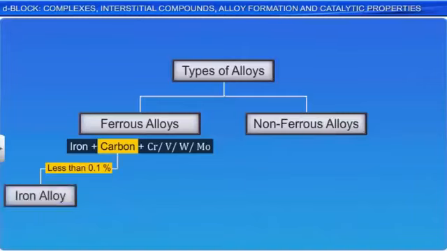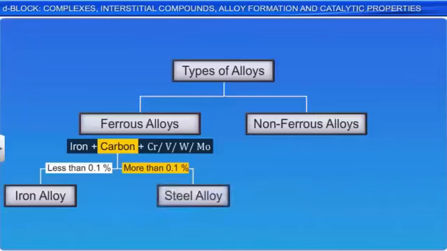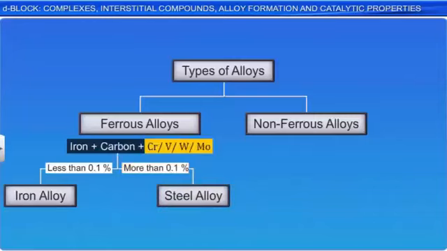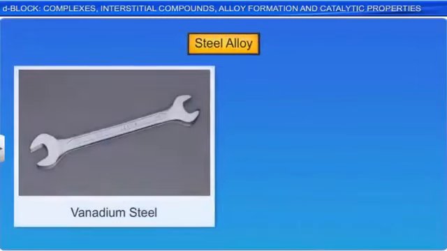When the content of carbon is more than 0.1%, the alloy is called a steel. Depending upon the other elements present, steels are classified into several types, like vanadium steels having vanadium, chromium steels having chromium, and so on.